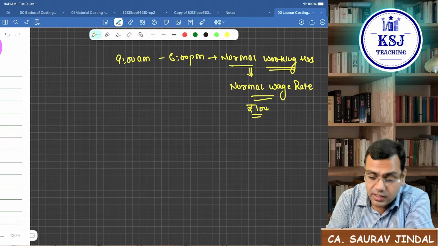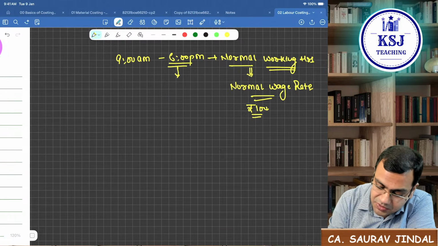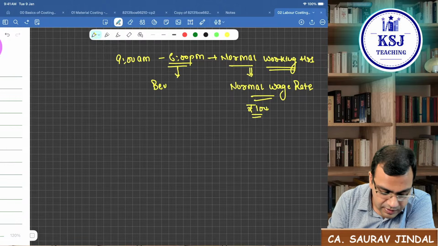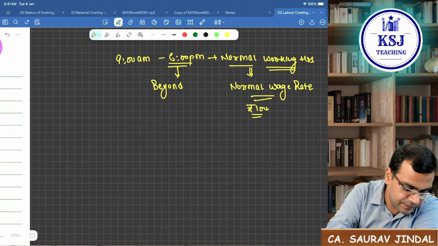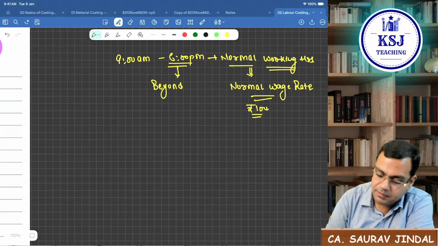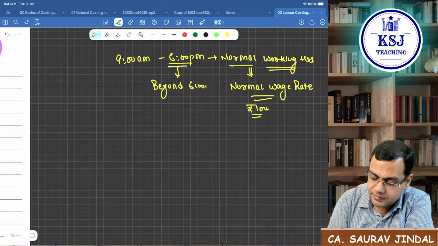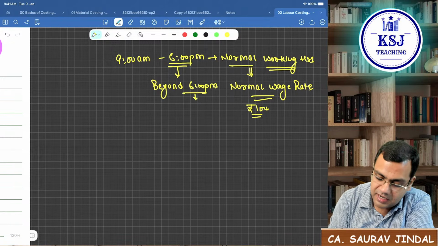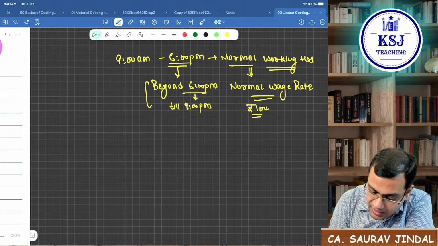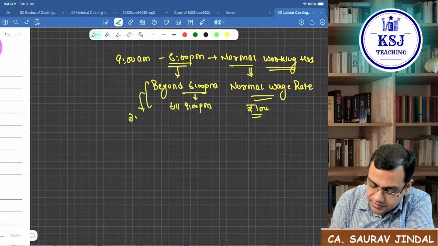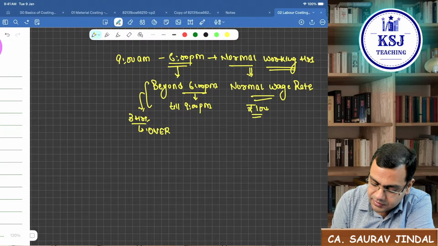Now, if your worker works beyond 6 p.m., let's say he is working till 9 p.m., these 3 extra hours are what we call overtime.